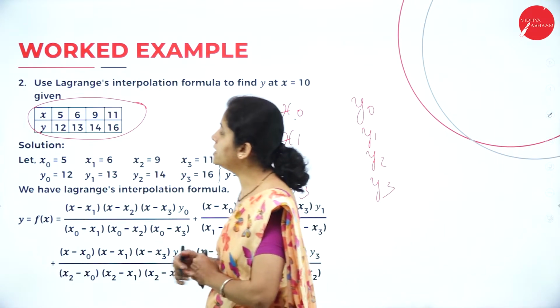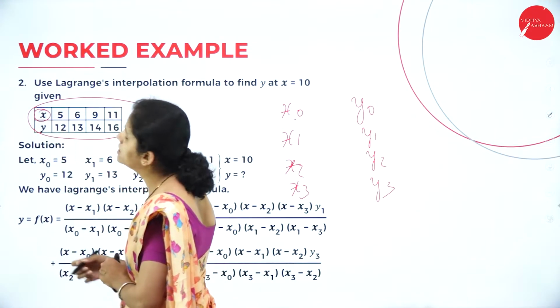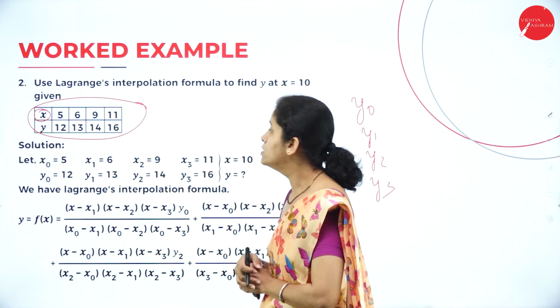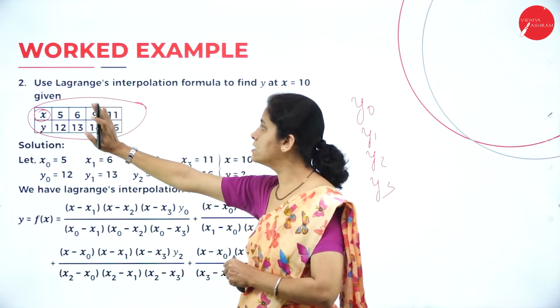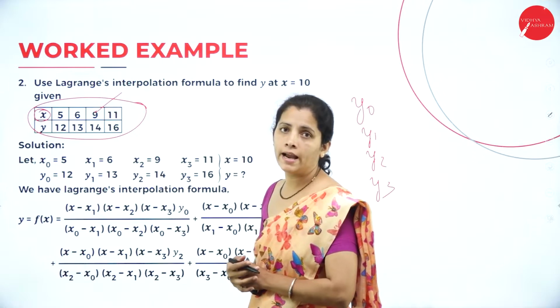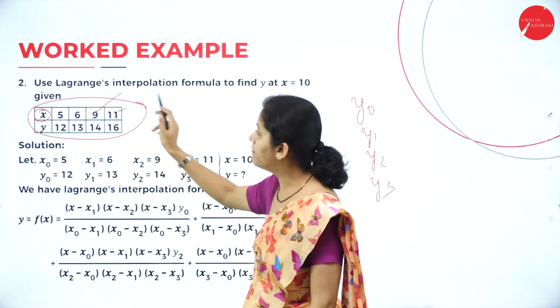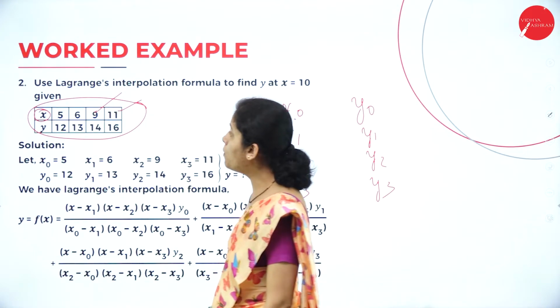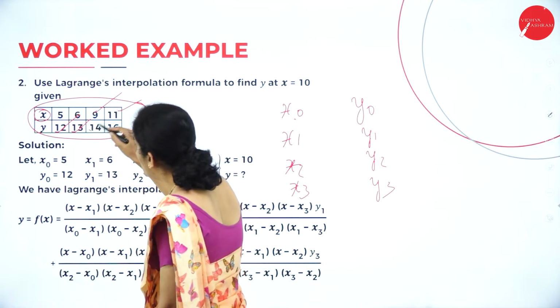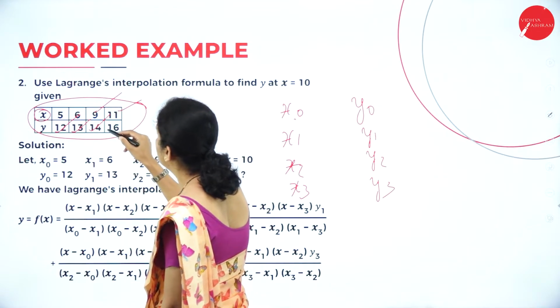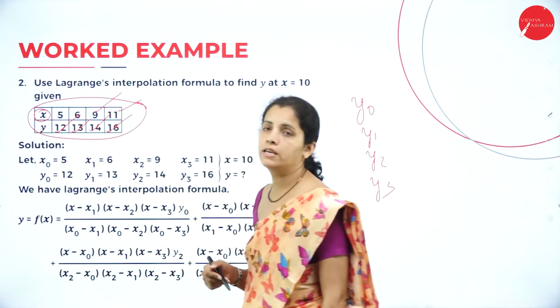Dear student, in the table, they directly mention x and y. So directly I can write x0 equal to 5, x1 equal to 6, x2 equal to 9 and x3 equal to 11. Then y0 is 12, y1 is 13, y2 is 14 and y3 is 16.